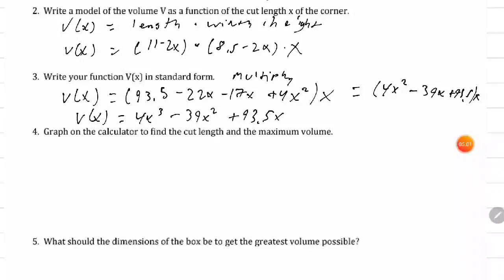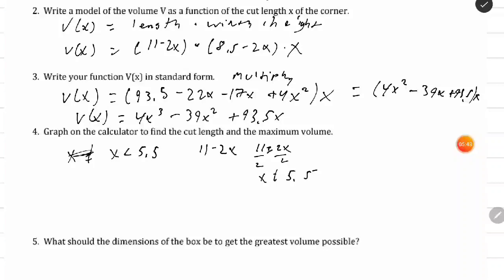So x cannot be bigger than 5.5. I got that because our length is 11 minus 2x, so 11 equals 2x, and if I divide by 2, x cannot be 5.5.